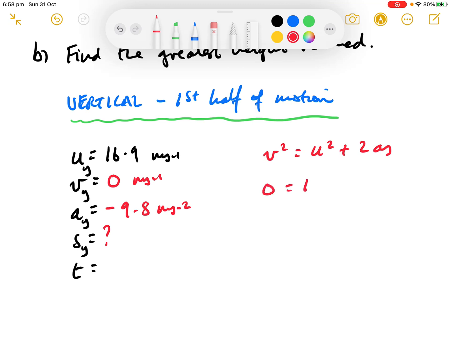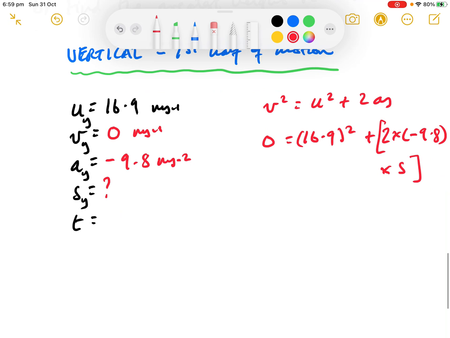So 0 is 16.9 all squared plus 2 times minus 9.8, don't forget that minus sign, times whatever s is.